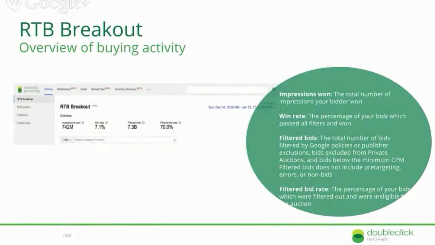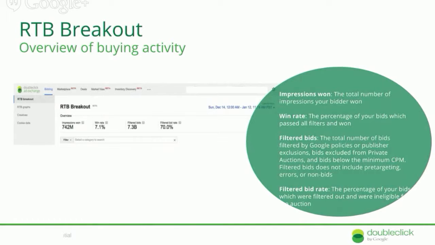Also, under the overview stats, you'll see there's a filter, and that filter allows you to do a number of interesting things. As we go farther into the deck, you'll see the different sections of RTB Breakout, but essentially the entire funnel, all of these subsequent sections, can be filtered by a specific creative ID, by a specific publisher ID, by a specific deal, if you want to check on the health of a particular deal, or by an account ID if you have multiple accounts.